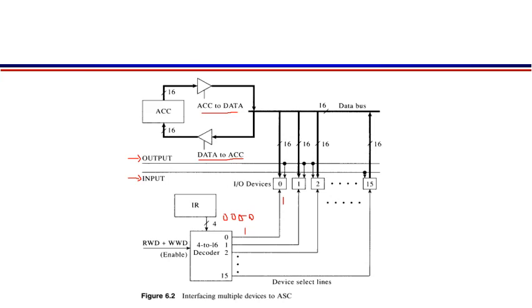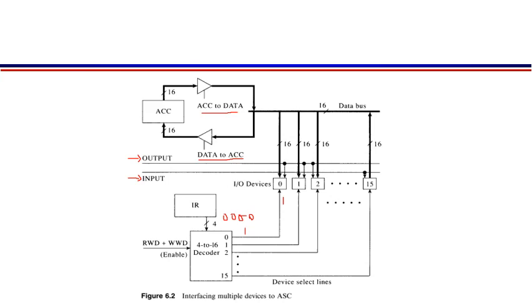The accumulator is connected with these 16 IO devices through data bus. Data from the accumulator or data to the accumulator both can be transferred through this data bus. 16 bits of data can be transferred from this data bus.